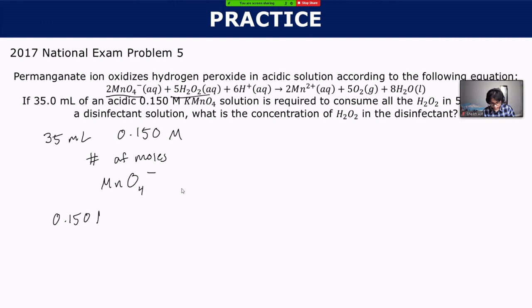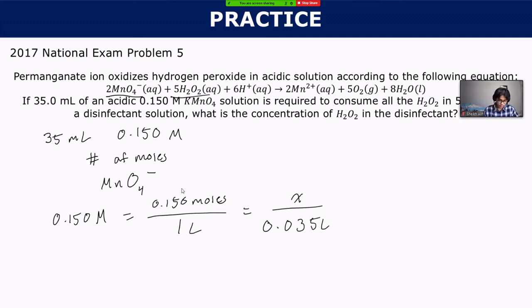0.15 molarity means 0.150 moles per 1 liter, which if we want 35 mL or 0.035 liters over X, that means we have 0.00525 moles of permanganate ion. And so now we need to relate that to H2O2.